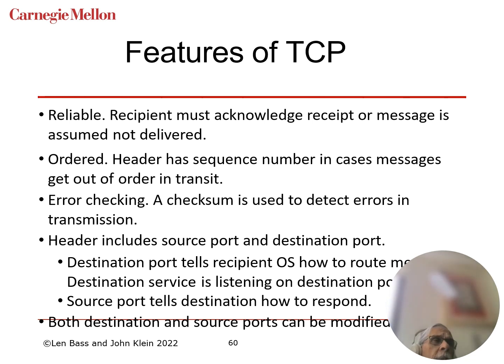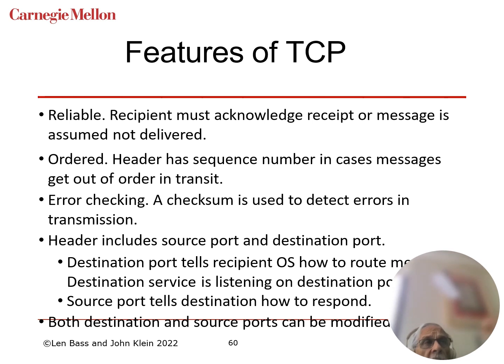TCP is a reliable protocol. What that means is that you have to send an acknowledgement so that the message is guaranteed to be delivered. If you don't get an acknowledgement within a certain amount of time, you send it again. And if you don't get an acknowledgement again, you assume the message has failed, but the client knows what's going on. An IP message is what's called fire and forget.